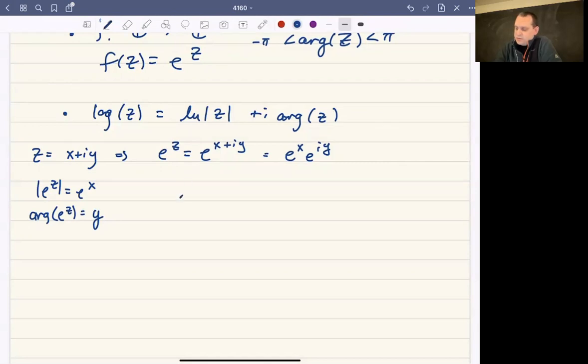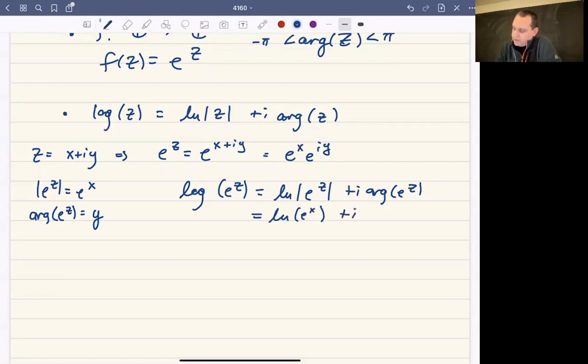Okay, and so in particular, if we take log of e to the z, just by definition, this is going to be the natural log of the modulus of e to the z plus i times the argument of e to the z. And so that's going to be the natural log of e to the x plus i times, well, the argument of e to the z we said is y. And the natural log of e to the x, this is now just the real valued natural log function. E to the x is a positive real number, so this is just going to be x plus iy.